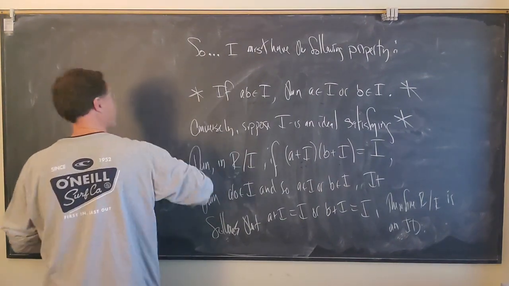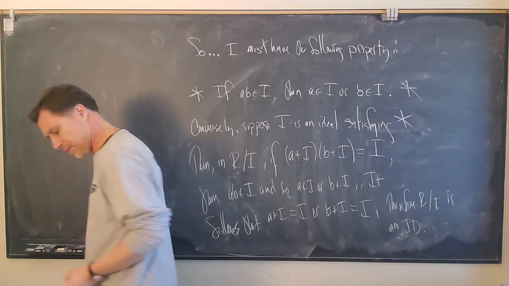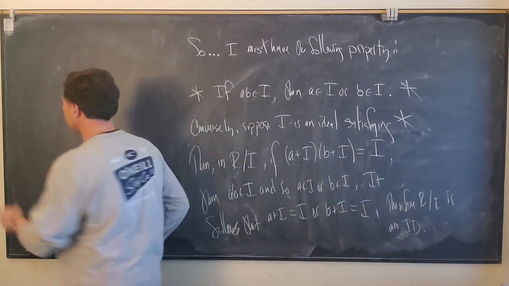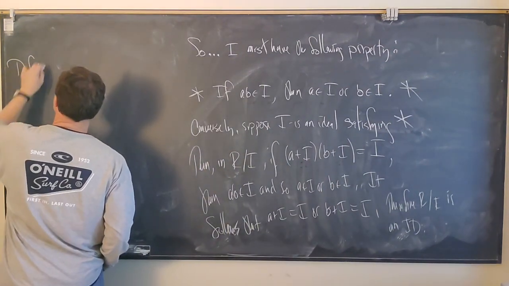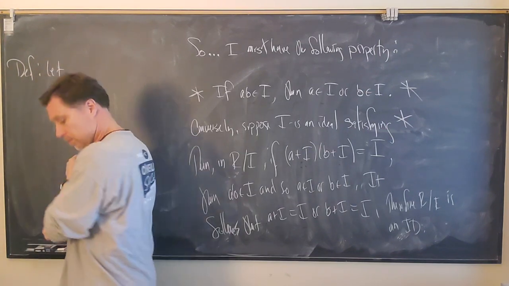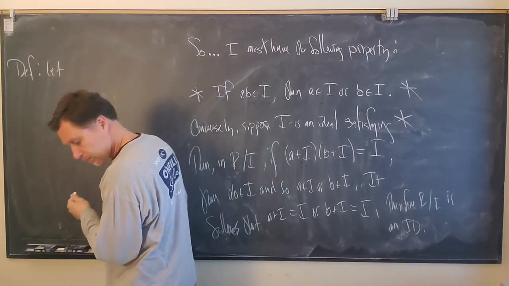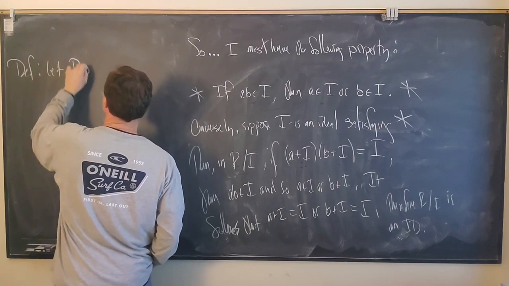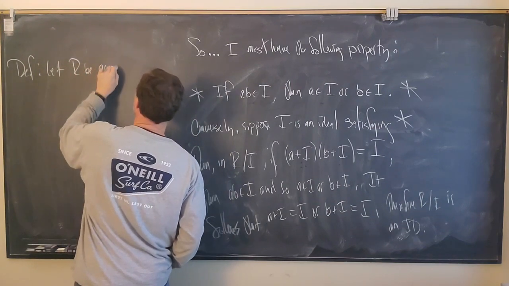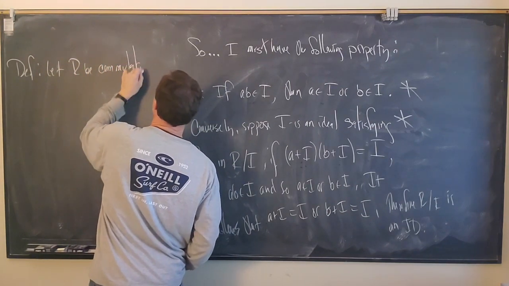Ideals that satisfy property star, they have a name for them. So let R be commutative. Actually, I don't need 1 here. We can define this in general. So let R be commutative.